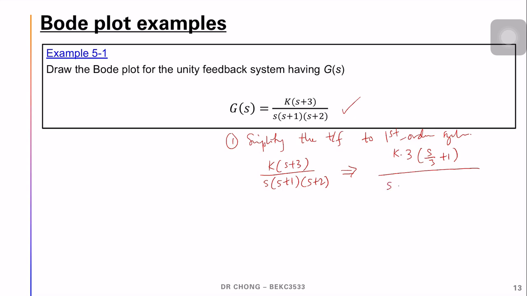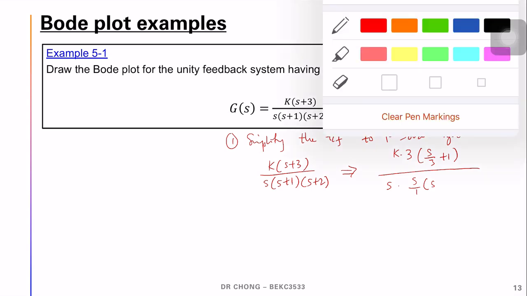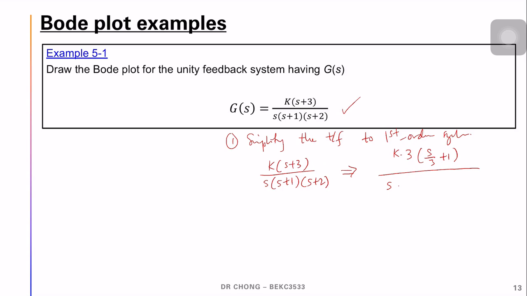Then you take out the 1, it becomes s over 1 plus 1, and then there will be s over 2 plus 1.